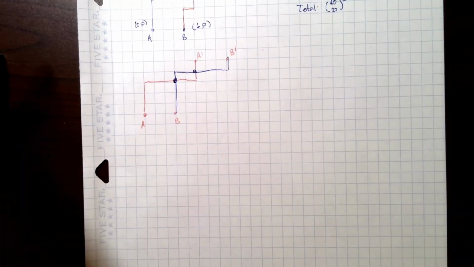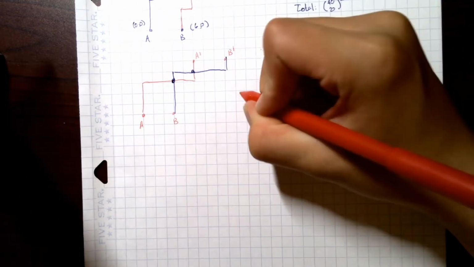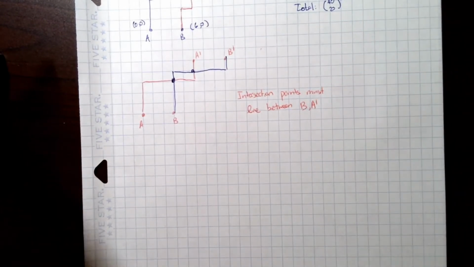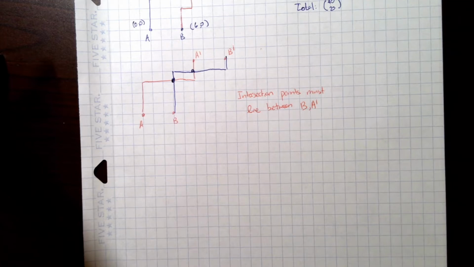Now we see that the intersection points must lie between B and A', since those are the only places the lines can intersect: the line from B to B' always goes above 6, and the line from A to A' always goes below 20. So our intersection points must be there.